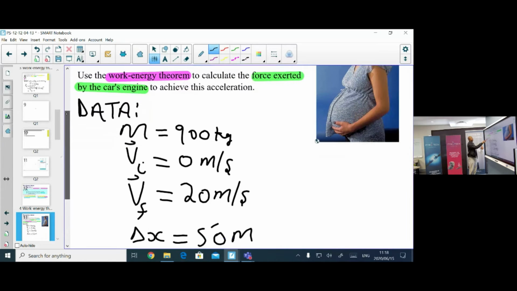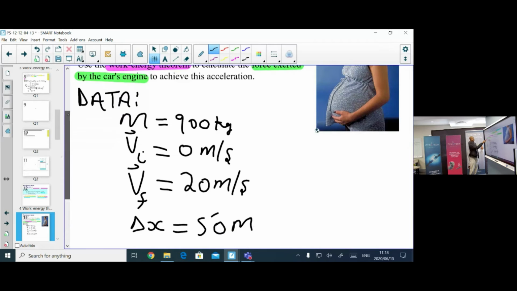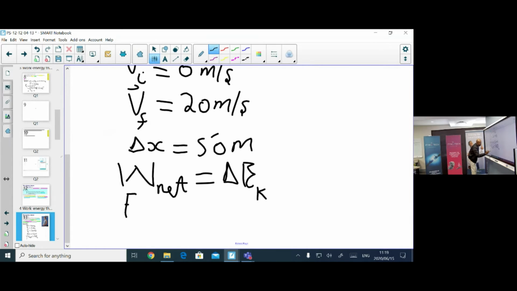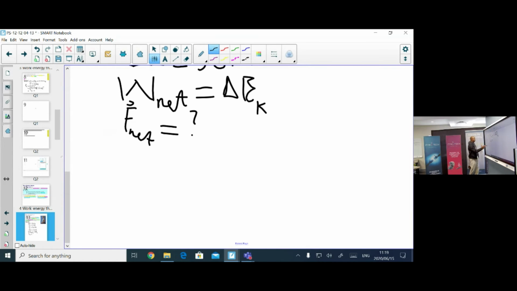What else? This force is what they're looking for, and then we have to go back. We have been told what to do: use the work energy theorem, W net is equal to change in E sub K. Then F net is not given; we are calculating it.